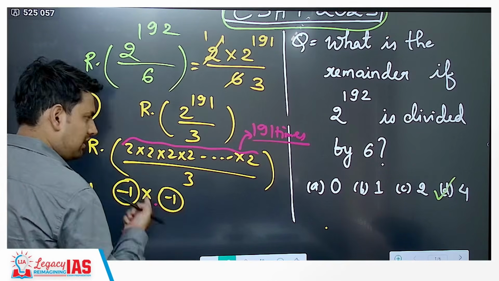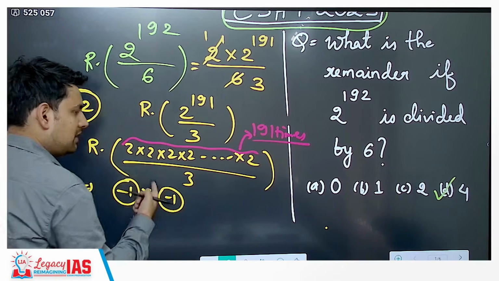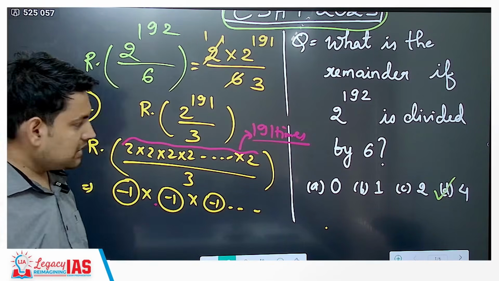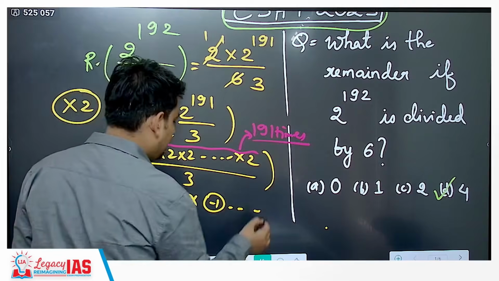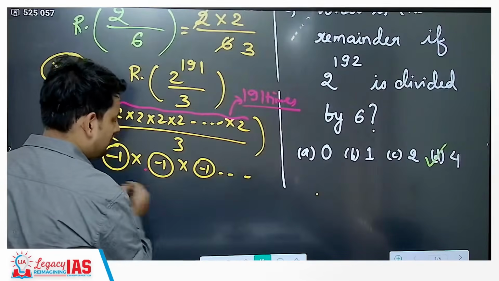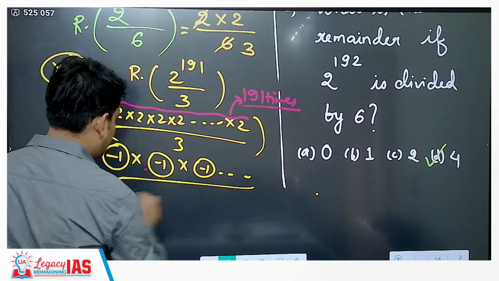Again you multiply the same remainder, minus 1 into minus 1. How many times will we go? Minus 1, minus 1, minus 1, like this. We will go 191 times.